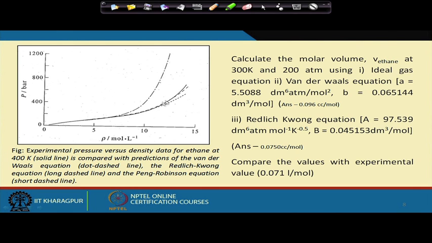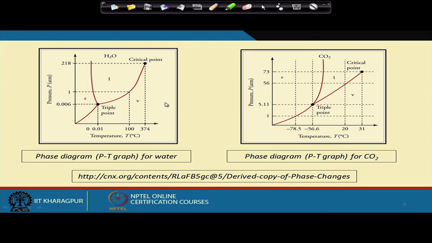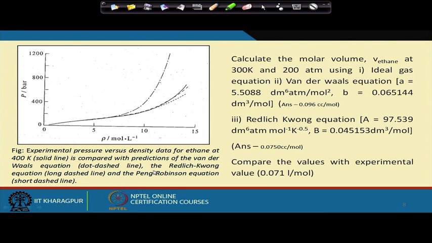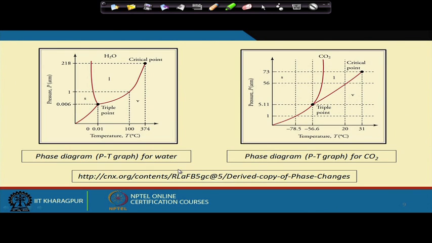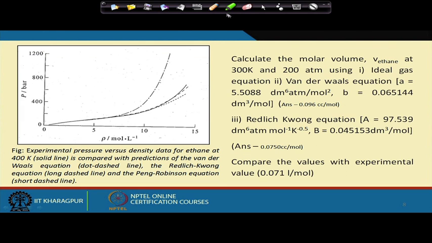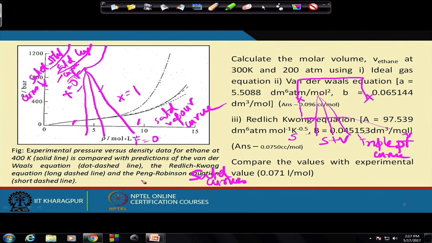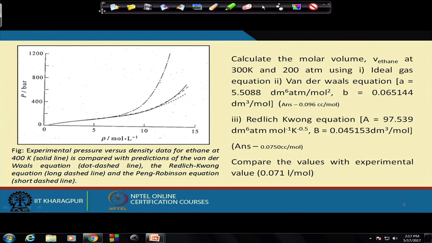Under this circumstance, both the Redlich-Kwong as well as the Peng-Robinson equations of state are applicable. Both of them are quantitative, and if you observe closely, you will find that the Redlich-Kwong equation appears to be slightly better as compared to the Peng-Robinson equation of state.